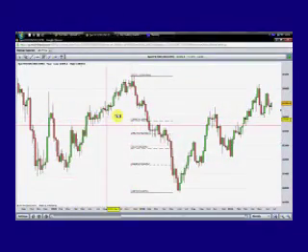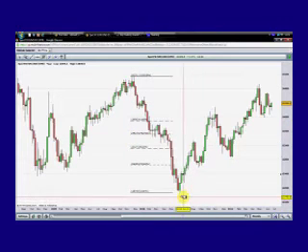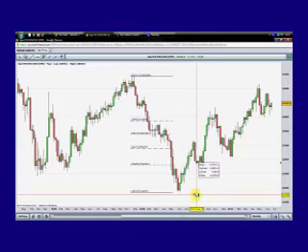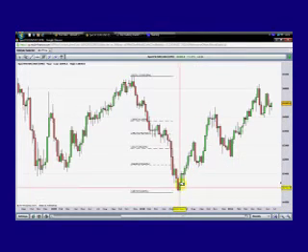The second criteria for a bearish bat pattern is the 38.2% Fibonacci retracement level or the 50% Fibonacci retracement level. I repeat, the second criteria is either the 38.2% or the 50% Fibonacci retracement level for the move from here to this level here.